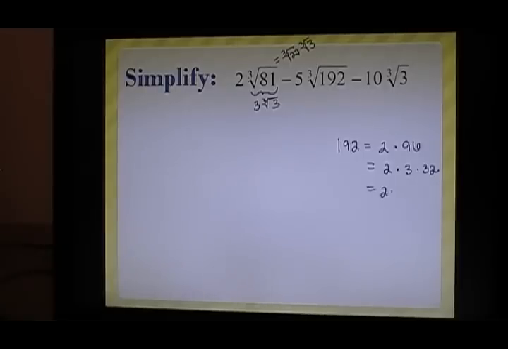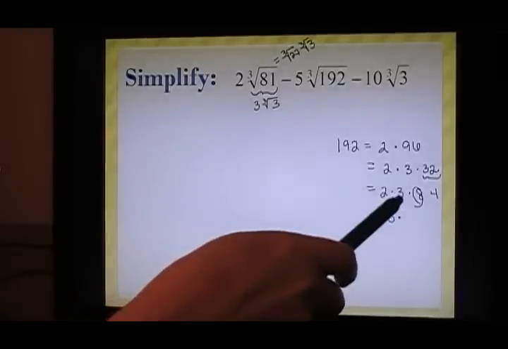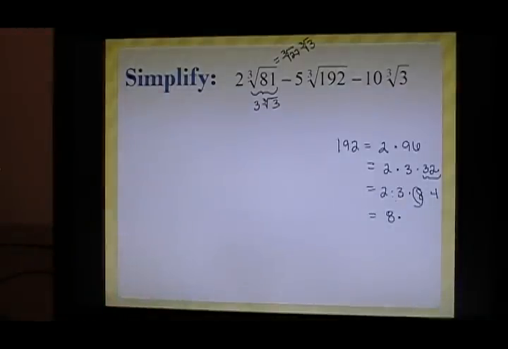So now I've got 2 times 3 times the 32. That's 8 and 4. And finally, I do have a perfect cube. So we could do 8 times 2 times 3 times 4. The remaining 2 times 3 is 6. 6 times 4 is 24.